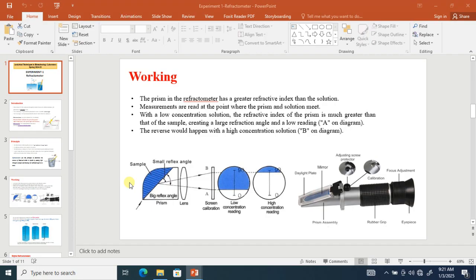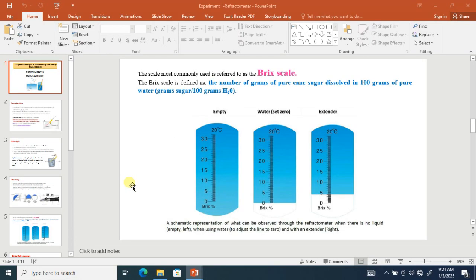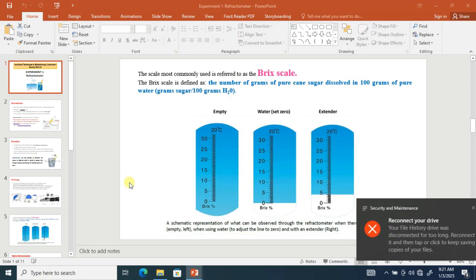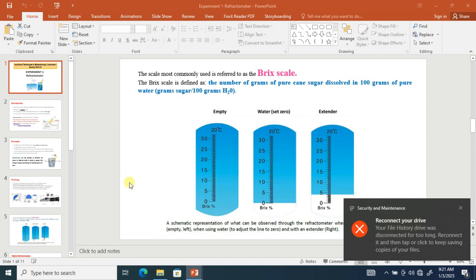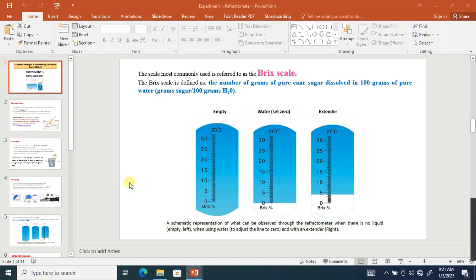Now, the most important part. As our lab deals with food or food-like materials, especially in material science, the most important thing is that we try to understand a term called Brix. Brix indicates the grams of pure cane sugar dissolved in 100 grams of pure water, so it is basically grams of sugar per 100 grams of water.